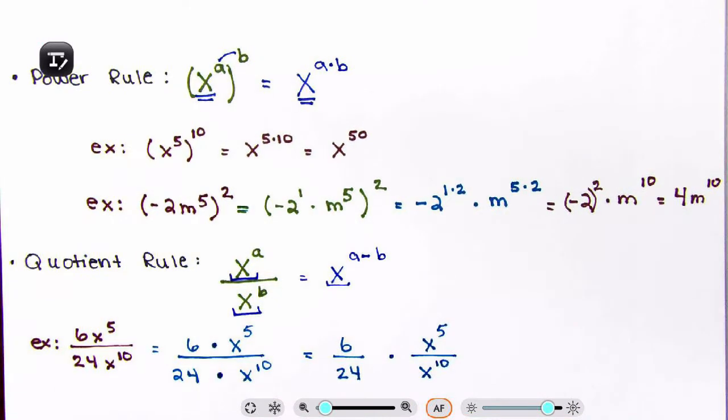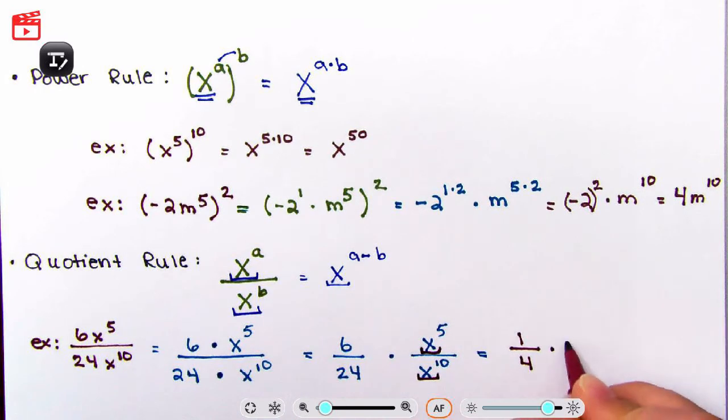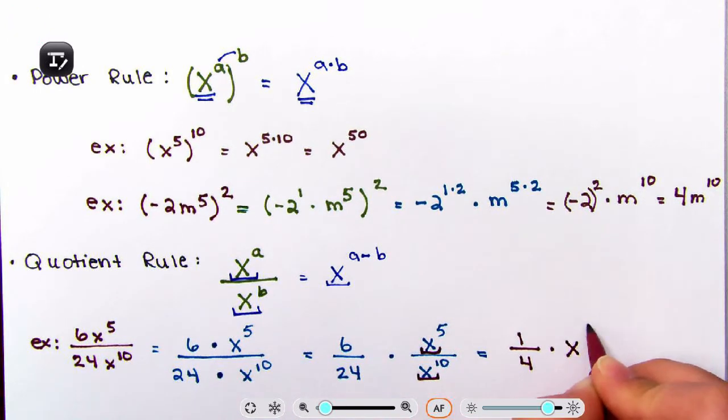Now that I'm able to separate them out, I can simplify each fraction separately. So 6 divided by 24, 6 goes into 6 once, 6 goes into 24 4 times. Then I am applying my quotient rule, which says I'm keeping my same base. Here's my base of x. And I'm going to subtract my numerator and my denominator.